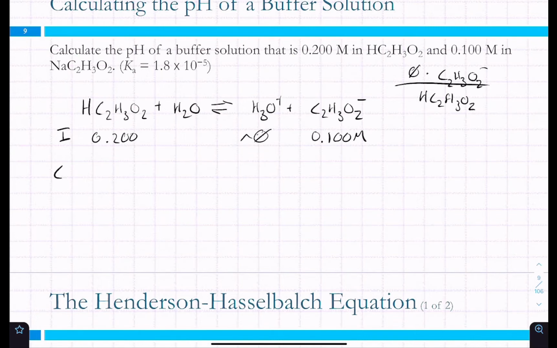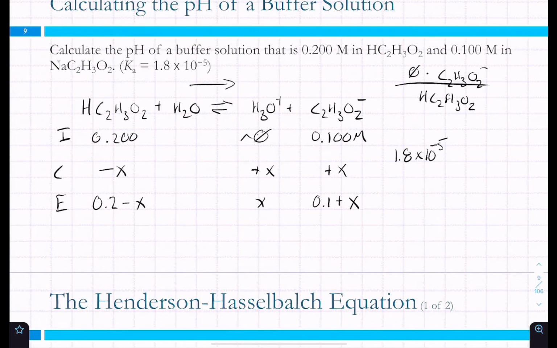So then because we're shifting to the right, this is going to be negative X, plus X, plus X. So 0.2 minus X, X, and 0.1 plus X. And then our Ka, so again, this is the equilibrium expression, and it's going to be X times 0.1 plus X divided by 0.2 minus X.